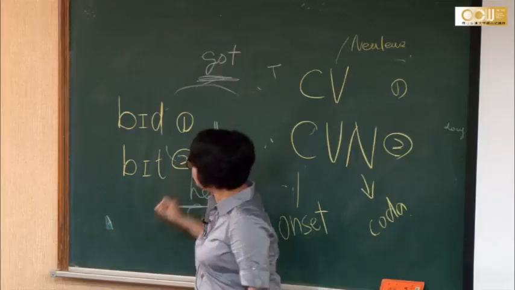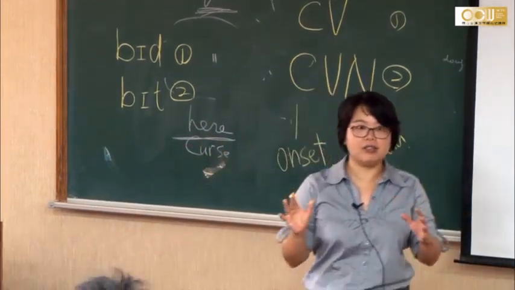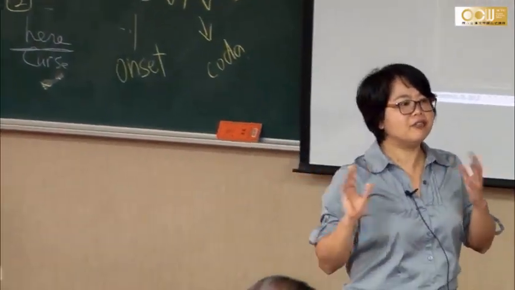But the next longest, how about you try this? If you pronounce which vowel is longer, it's the same vowel, but it's followed by a different consonant. If you compare bit and bid, which do you think is slightly longer than the other?